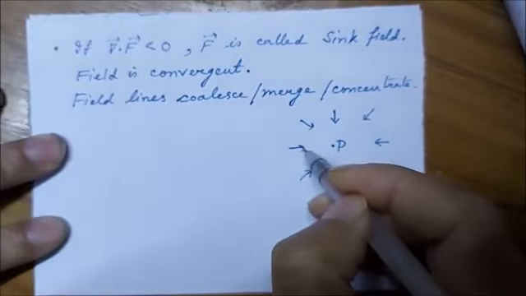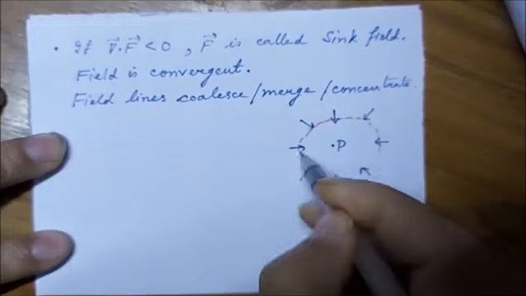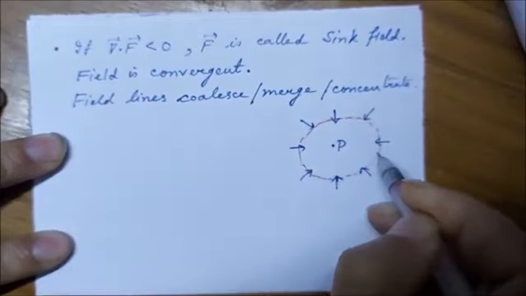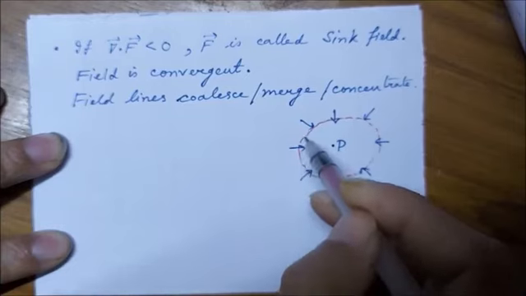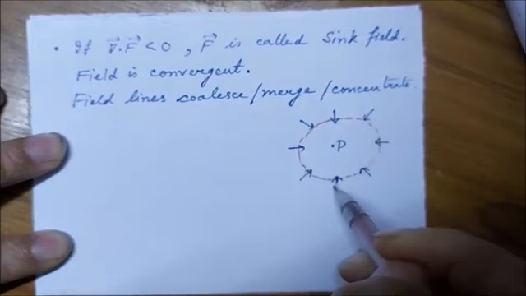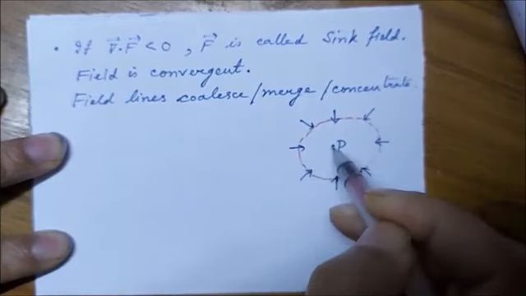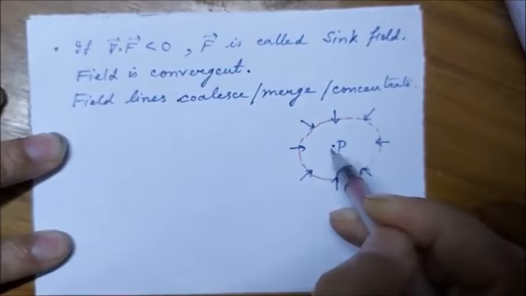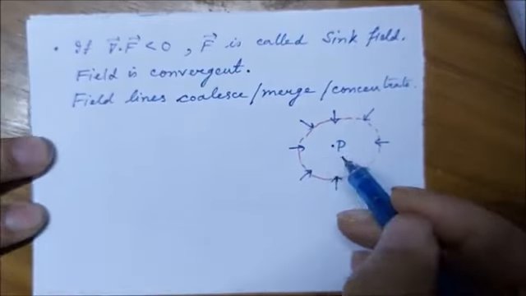And if we consider a closed surface of any shape enclosing this point P, and if we move on the closed surface, we will find that lines of force are only entering into this region and they are directed towards P. In other words, there is a net inward flux.